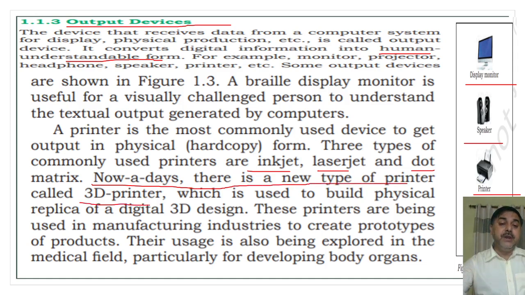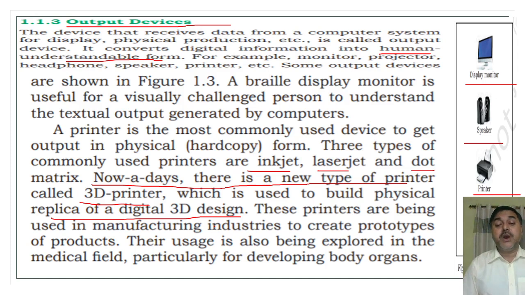So the 3D printer is used for making a physical replica of a 3D design. 3D design means three-dimensional designing. In this three-dimensional designing, the printer takes a copy of the particular work, prototypes of the product are made, and they can be explored.